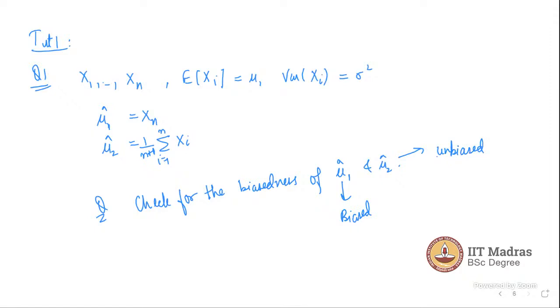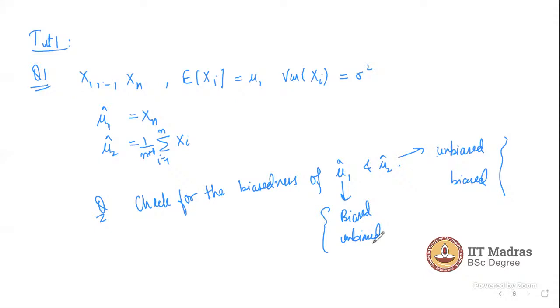Mu1 is unbiased and mu2 is biased. Okay. So we have two answers here. So which one is correct? Somebody else has also answered unbiased and biased.